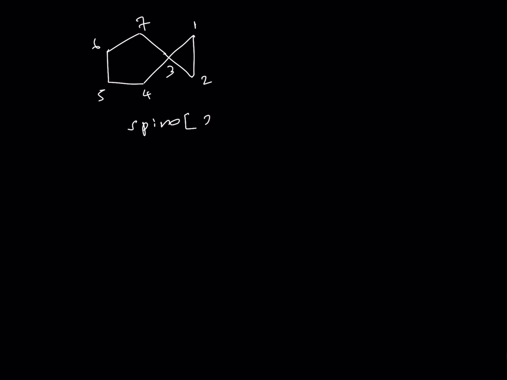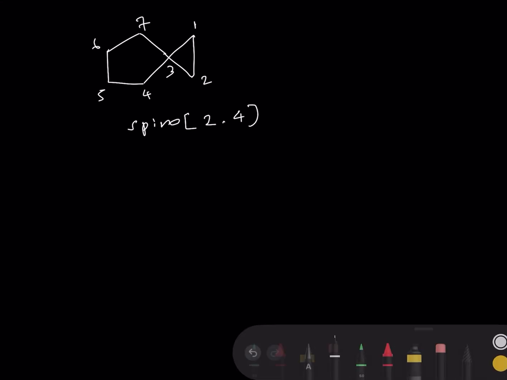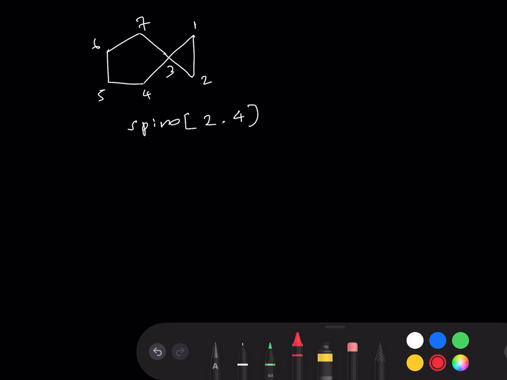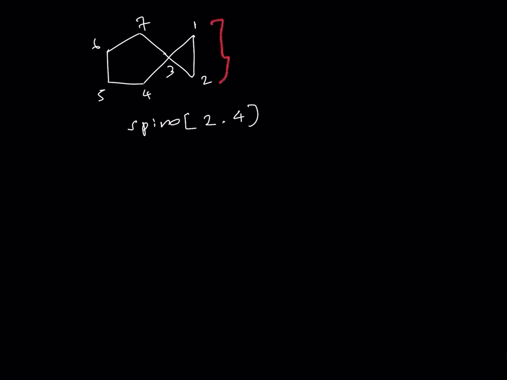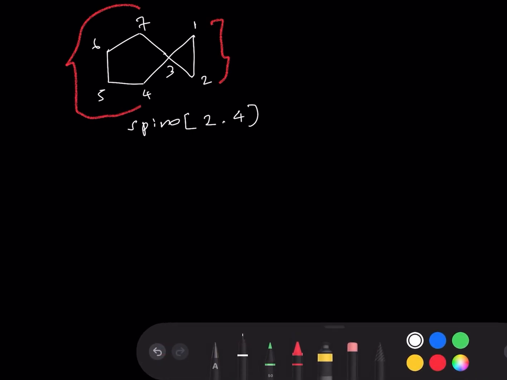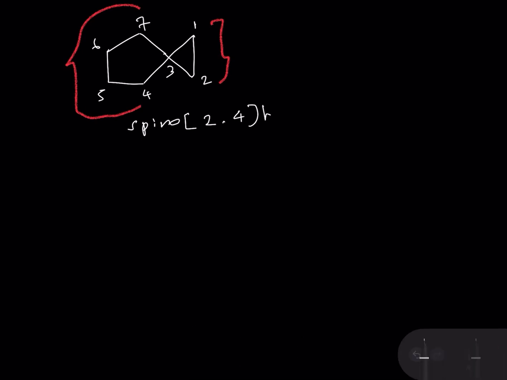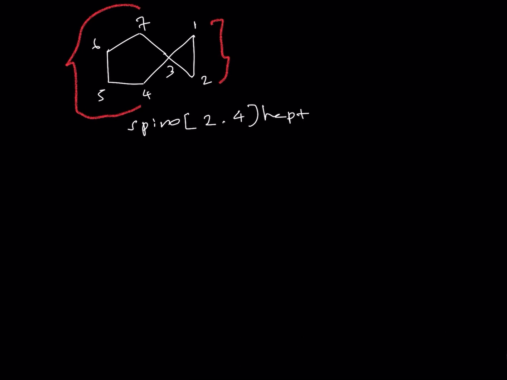So 2, 4: 2 carbon atoms here and 4 carbons here. So that's what we wrote. So Spiro 2.4, total 7 carbon atoms in the parent chain, so heptane. That's the IUPAC name.